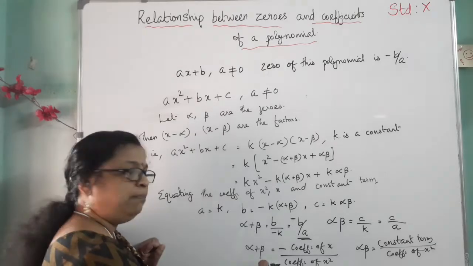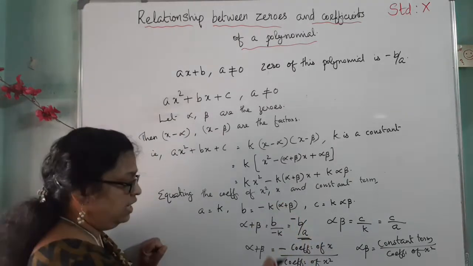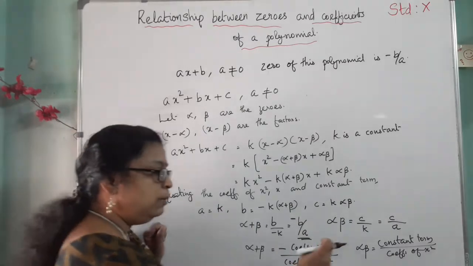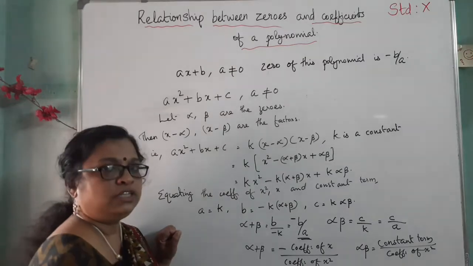That is, alpha plus beta, the sum of the zeros, is minus coefficient of x divided by coefficient of x square, and product alpha beta equal to constant term divided by coefficient of x square.